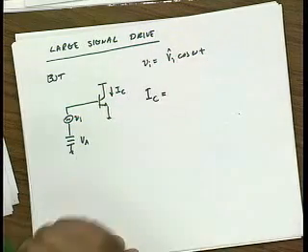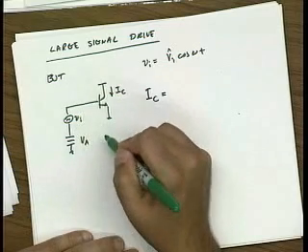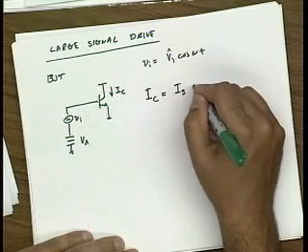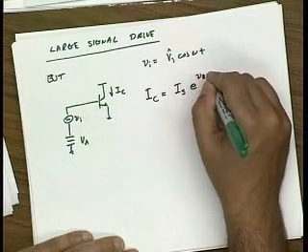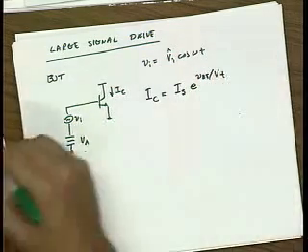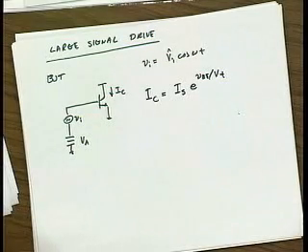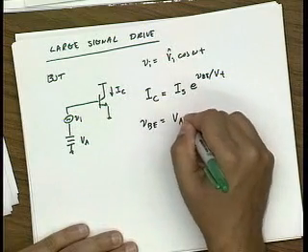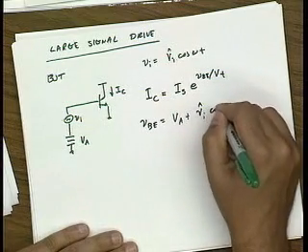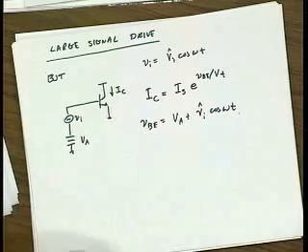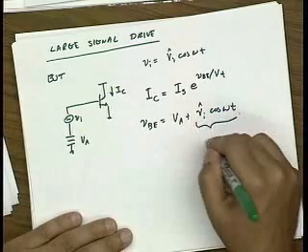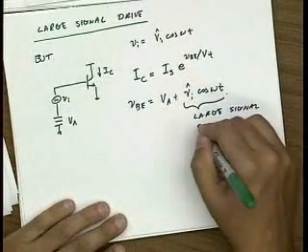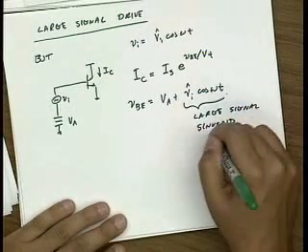Let's assume that no matter how large Vin is, the device does not leave the forward active region, so that this equation is always valid. And VBE in this case is some bias voltage plus this input signal. So this is the large signal sinusoid drive.